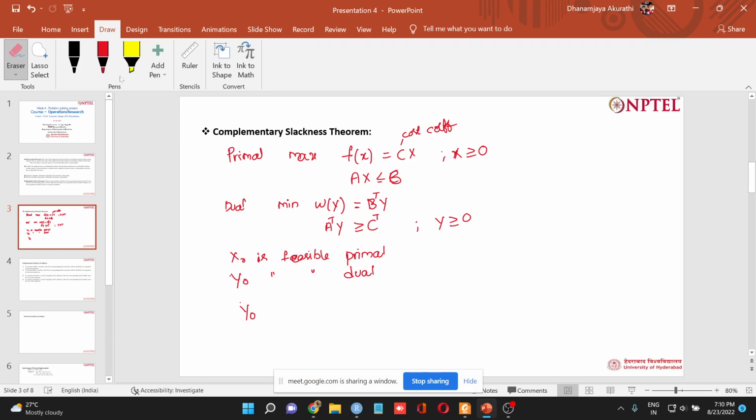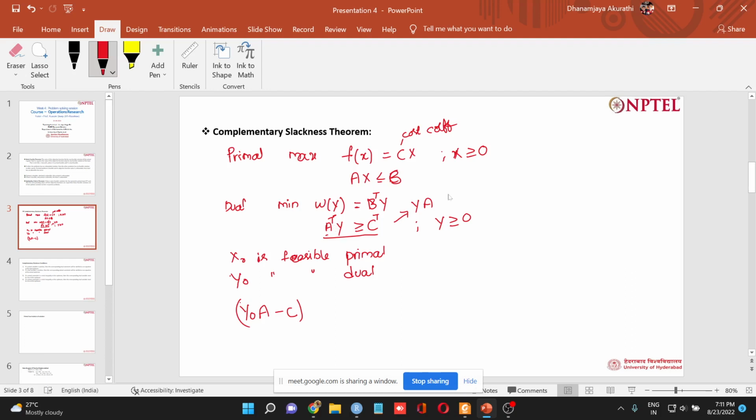y naught into A minus c. Here this is y into A, because A is a matrix, so it is A transpose here.